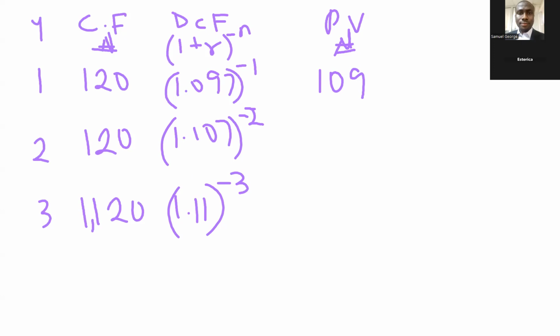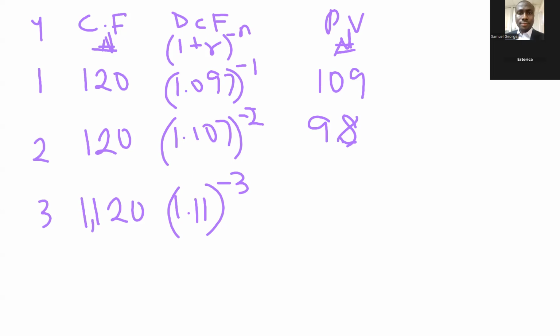For year 2, I have 97.9, approximately 98 naira. For year 3, 1.11 raised to power minus 3 is equal to this times 1,120.